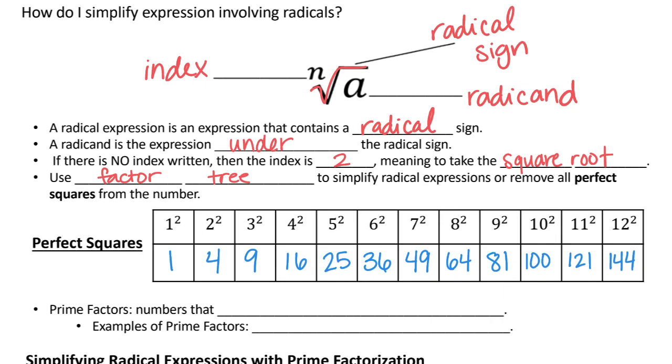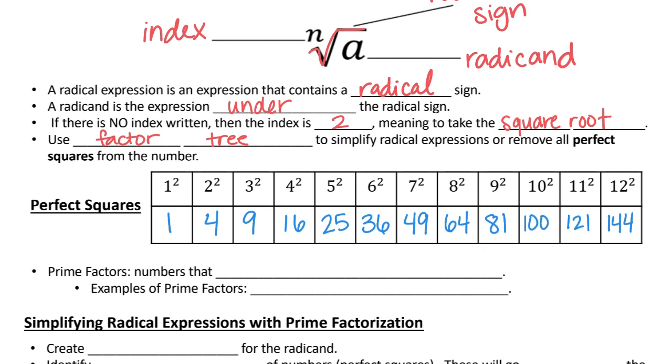Okay, so now let's talk about prime factors. Prime numbers are numbers that are only divisible by 1 and itself.